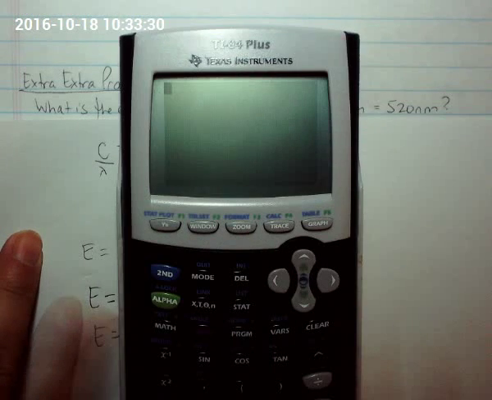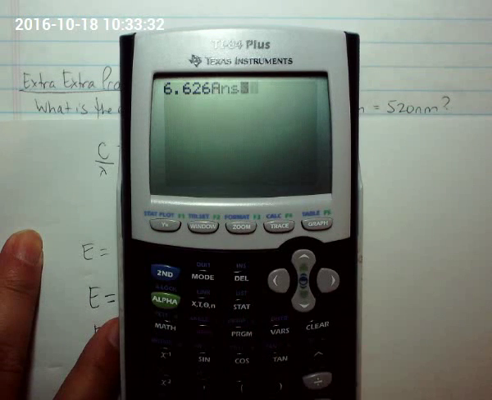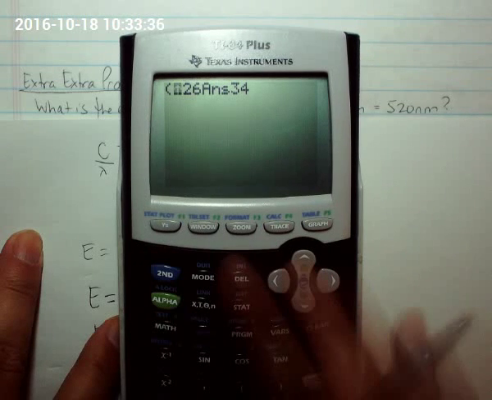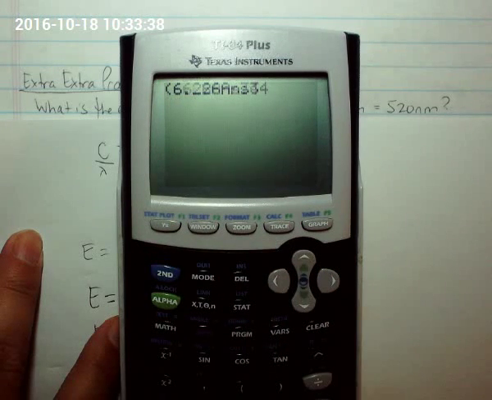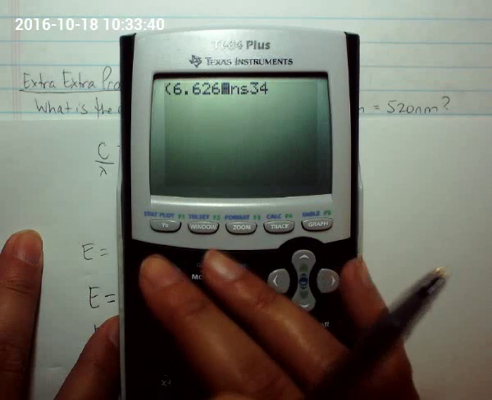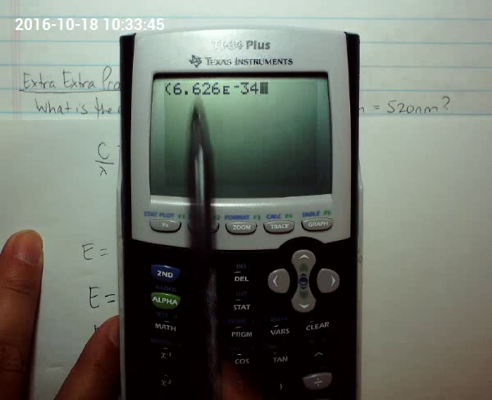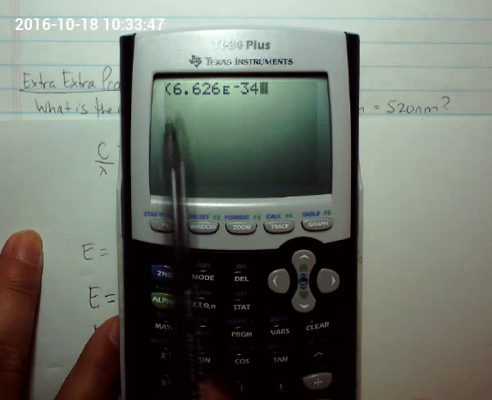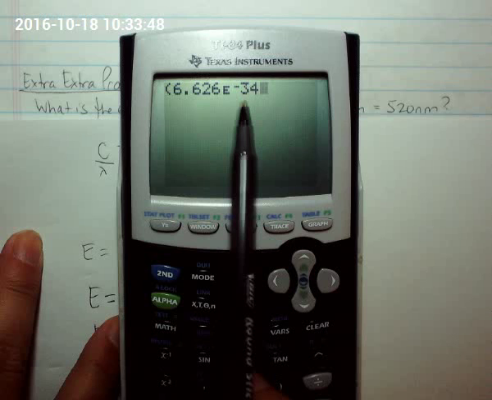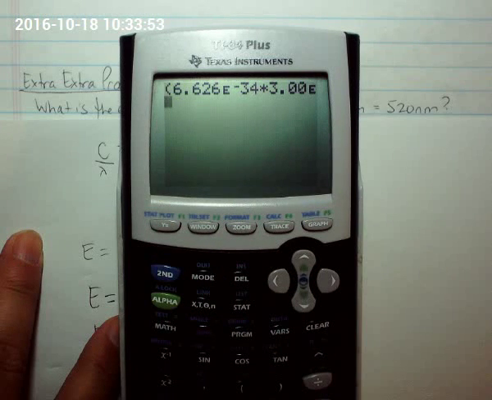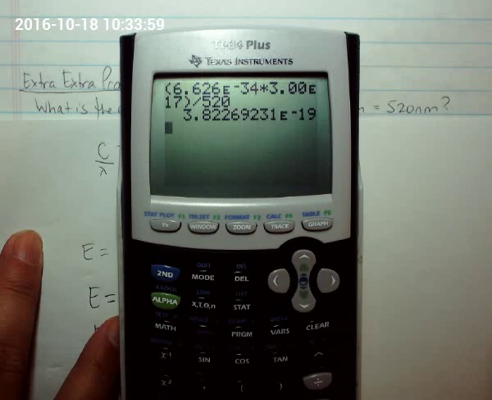I'm going to start with a parenthesis: 6.626 times 10 to the negative 34th times 3.00 second EE 8. Close the parenthesis. Divided by 520.